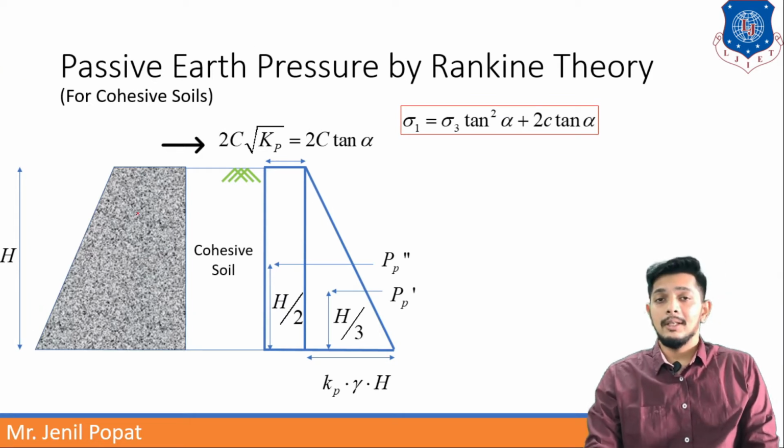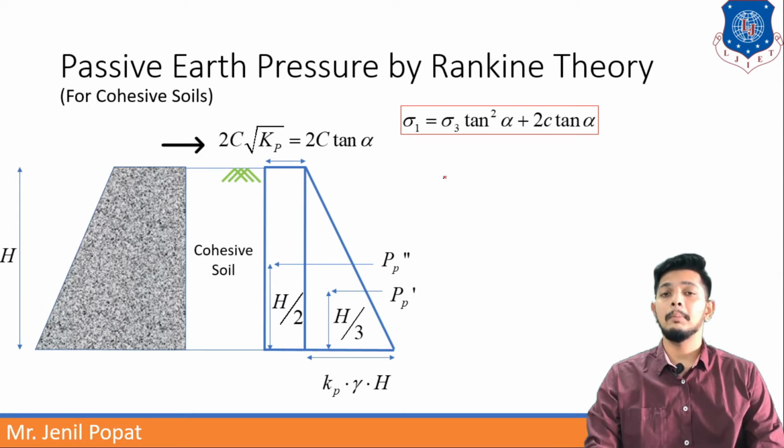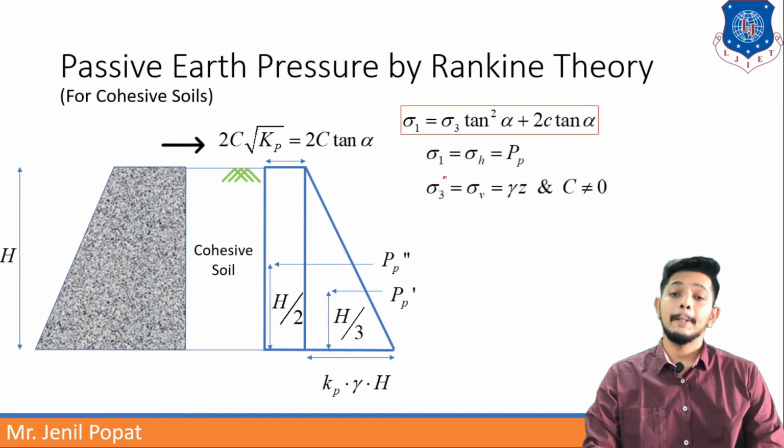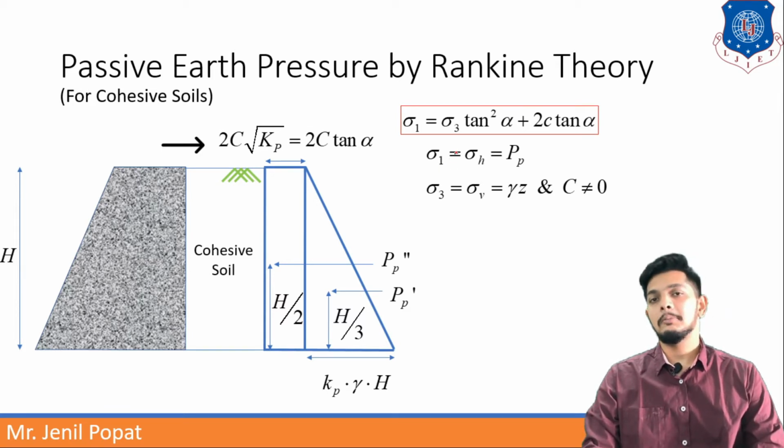Sigma 1 will be the major principal stress, sigma 3 will be the minor principal stress. Sigma 1 will be governed by horizontal stress, that is Pp, the passive earth pressure. And sigma 3, the minor principal stress, will be governed by vertical stress sigma v as gamma into Z. Z will be the depth of the retaining wall. And c will not be 0 here.